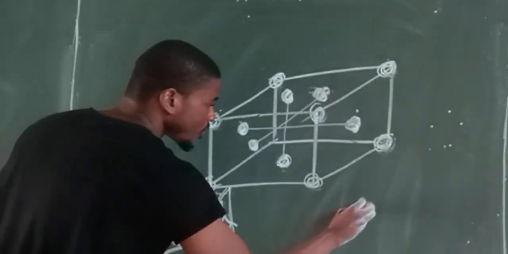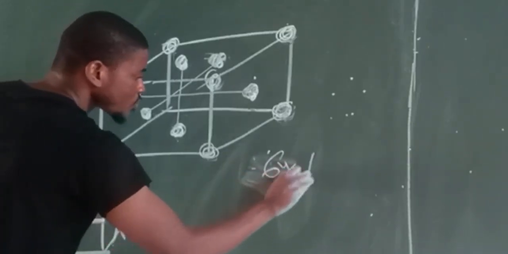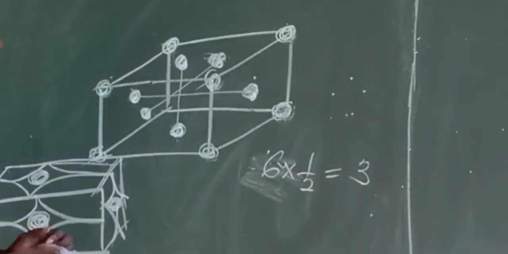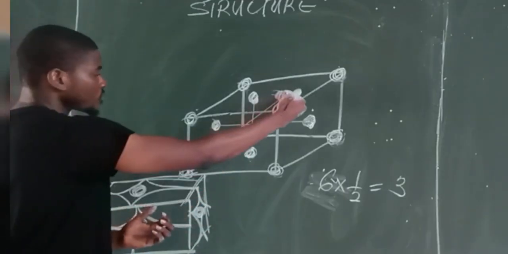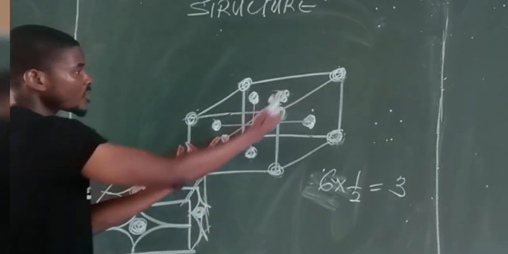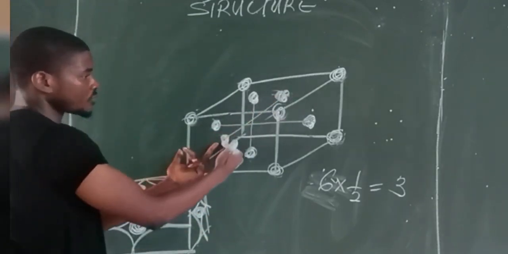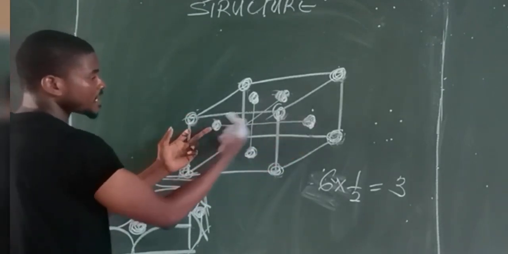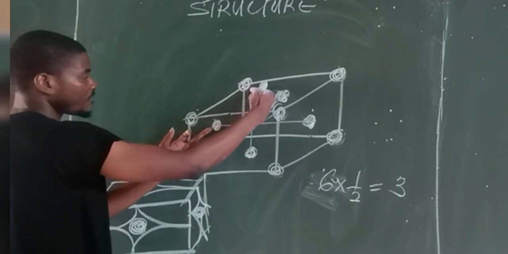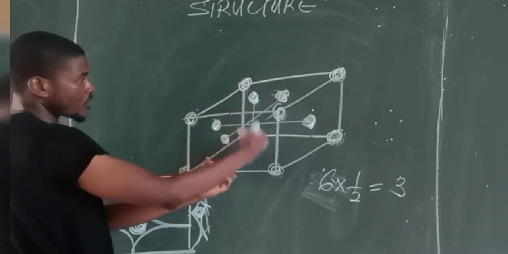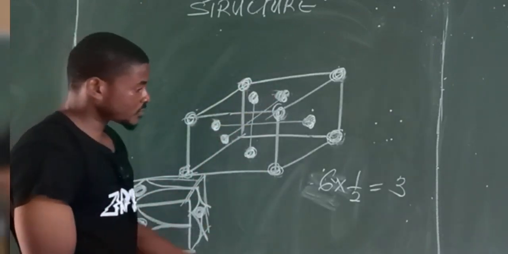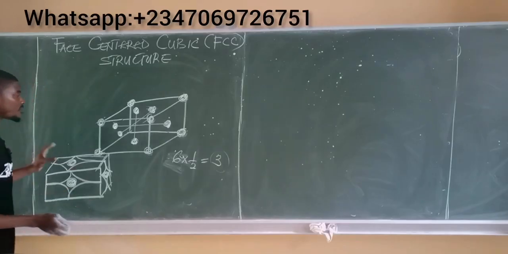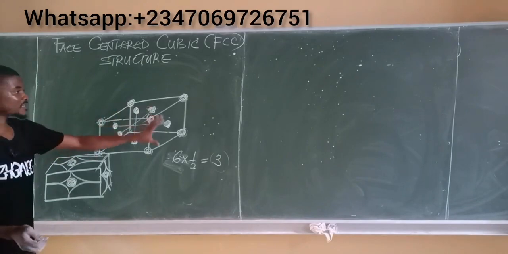So six of them simply become 6 multiplied by 1 over 2, which gives us 3 complete central atoms. This face produces half, this face produces half, so we have one complete atom between these two faces. This produces half and this also produces half, so we have one complete atom between these two. This produces half and this other face produces half, so we also have one complete atom. That gives us 6 times 1 over 2, which is 3 central atoms. So for the face-centered cubic, we have 3 central atoms.